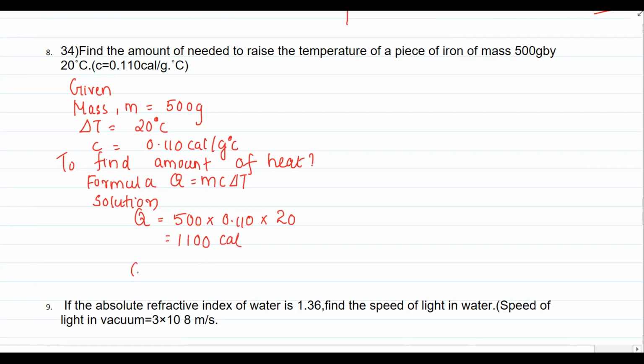So answer we got as Q is equal to 1,100 calorie. This much heat energy is required to raise the temperature of a piece of iron by 20 degrees Celsius.